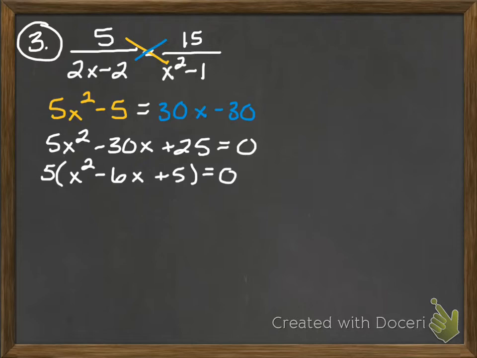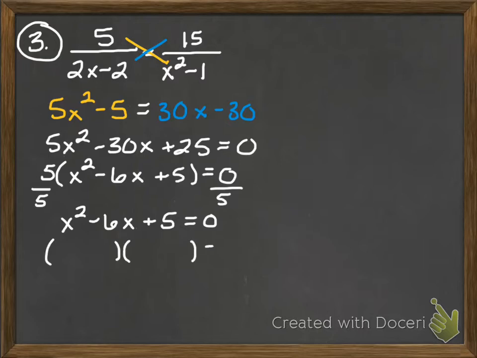Before I do that, I am going to divide both sides by this 5, see if I can't get rid of him, which I can. So x squared minus 6x plus 5 equals 0, because 0 divided by anything is 0. And now what we're left with is a basic factoring problem. So x and x, factors of 5 that get me to -6 is minus 5 minus 1.